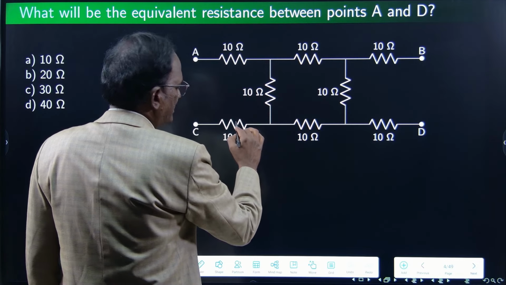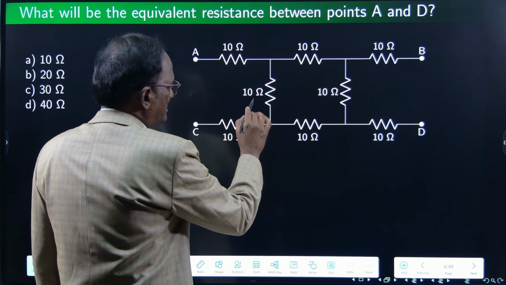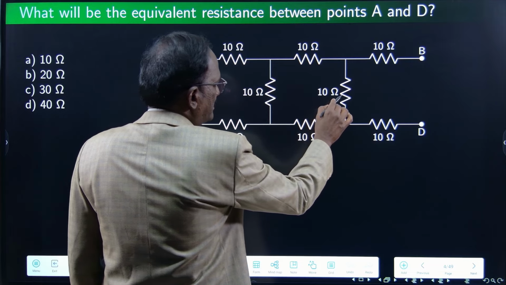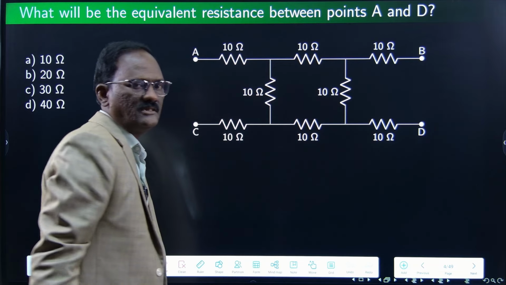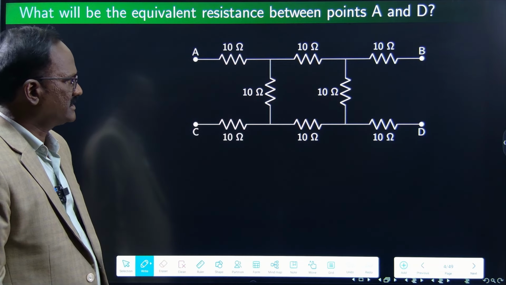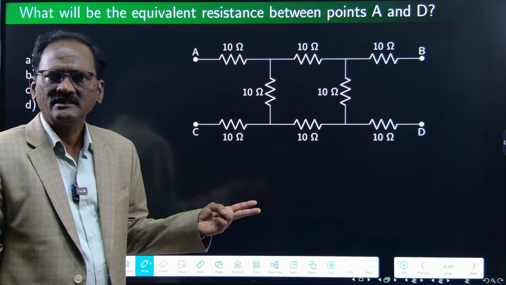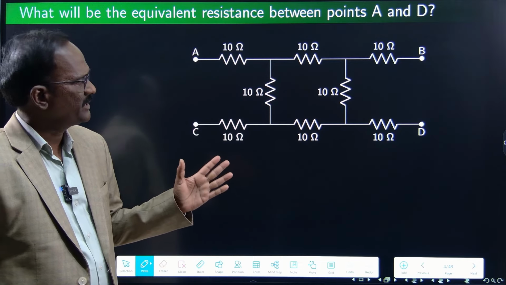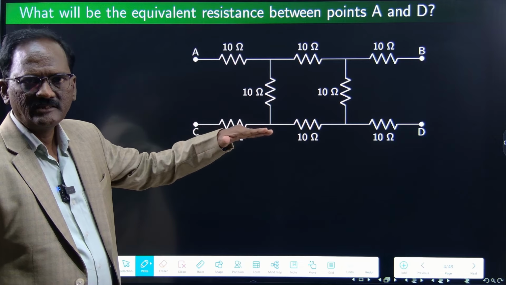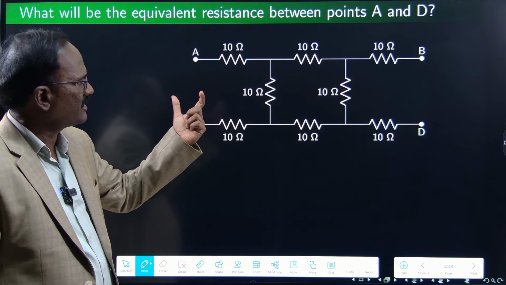Similarly, this 10 and 10, neither series nor parallel. That is the case in all the resistors. I am not seeing any 2 resistors which are in series or in parallel in the given circuit if I look at it with raw eyes.